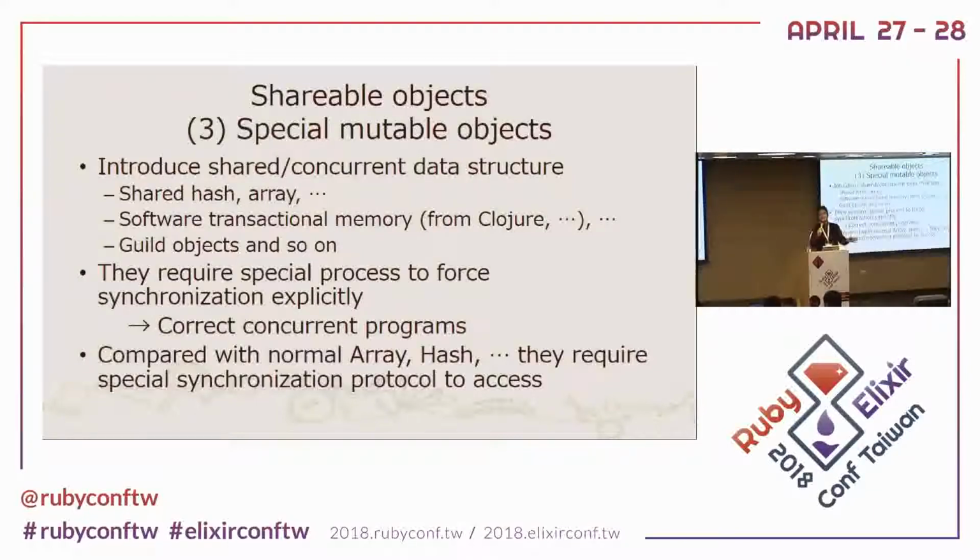Using this idea, we can understand they are concurrent shared objects, so we need to track only them. Compared with normal arrays or hashes or other container objects, they require a special synchronization protocol and overhead. But maybe such special shared data objects are not so many, so I think there is no problem with that.